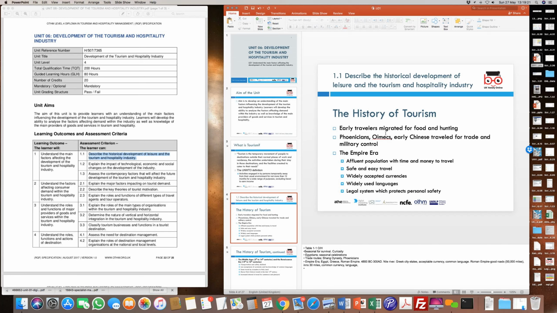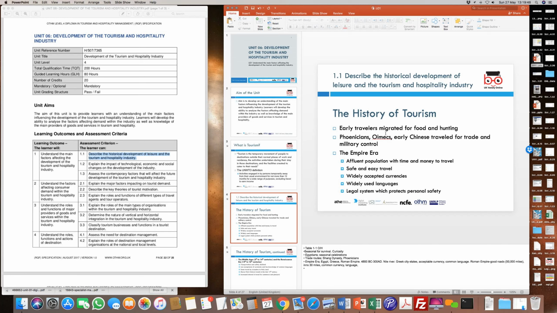Basically, if we look at the concept of tourism, it may have originated as far back as 4000 BC. So there are some references to the Roman Empire, the Egyptian Empire, the Ottoman Empire, and the Greeks in particular.